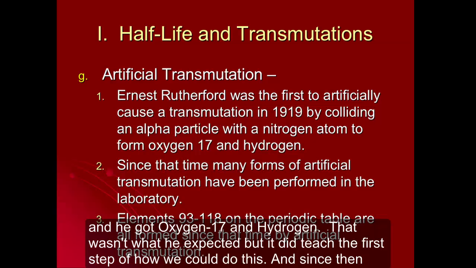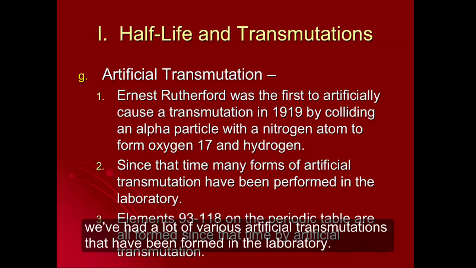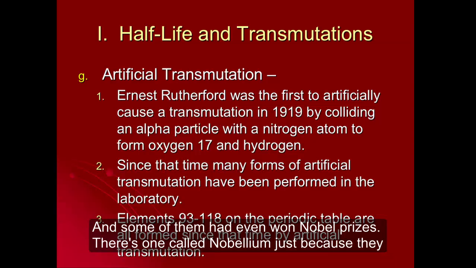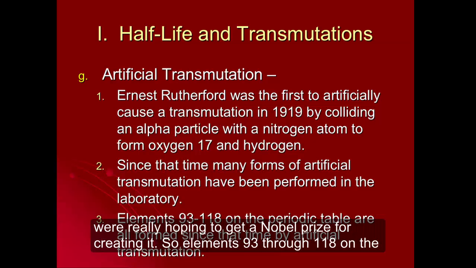And since then, we've had a lot of various artificial transmutations that have been formed in the laboratory. And some of them have even won Nobel Prizes. There's one called Nobelium just because they were really hoping to get a Nobel Prize for creating it.